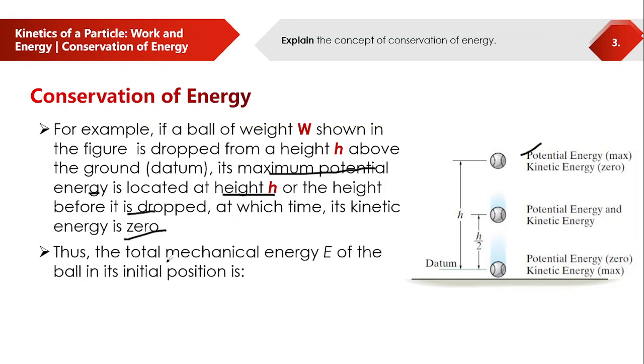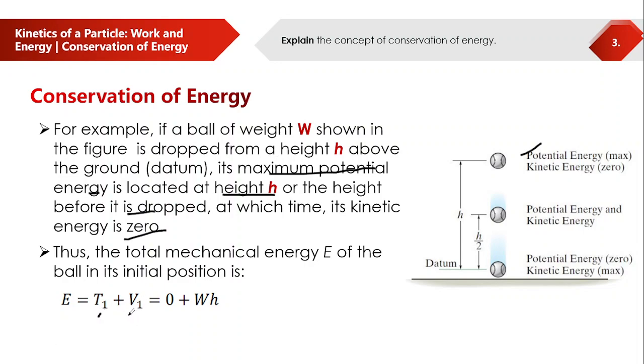Okay? So that's the total mechanical energy E of the ball in its initial position. So for the mechanical energy at initial position, E lang siya. So the total mechanical energy is the sum of the two, the potential tsaka yung kinetic, no?